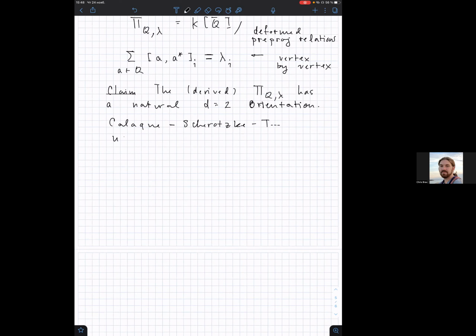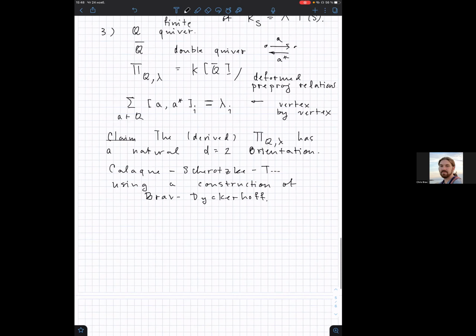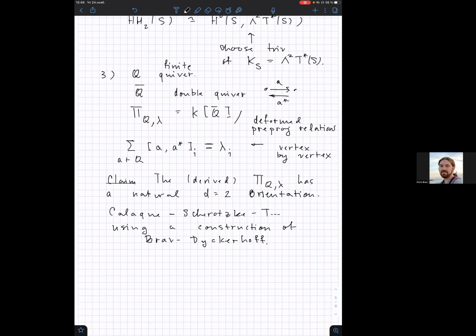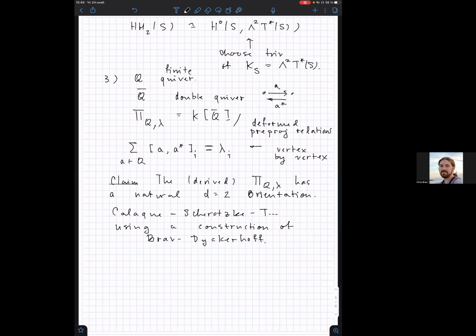They use a construction that Tobias Diekerhoff and I worked out. It's a kind of non-commutative cobordism. So anyway, there's a way to construct a natural orientation on this. Those are three main examples.